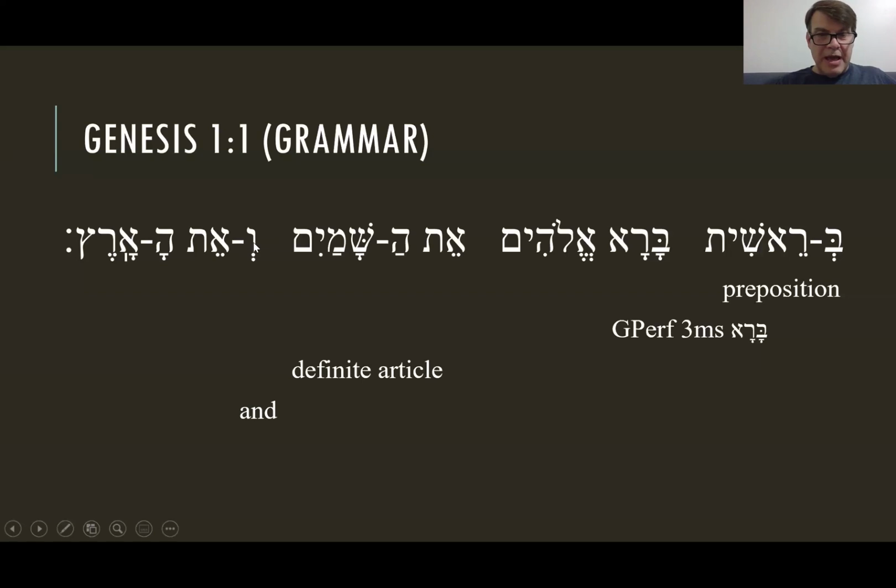So this is the word and. When you see a vav on the beginning of a word, it almost always means and. There are a few, I think rare, exceptions where vav isn't a conjunction on the front. But of course, vav doesn't always mean and. It can mean but, it can mean now, and we'll get into that kind of vav stuff later. But there you have it.